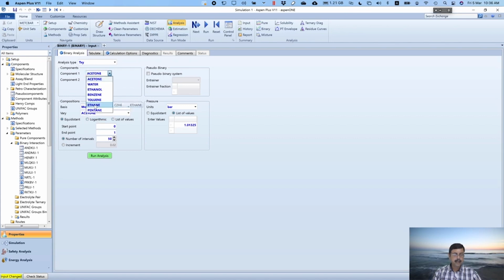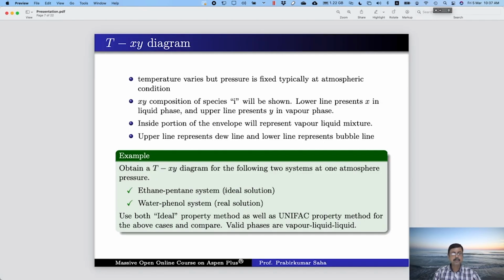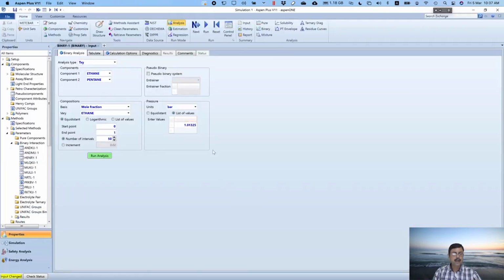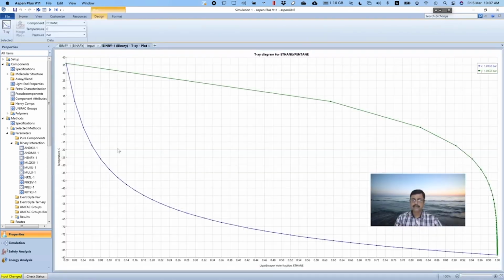And starting point of mole fraction of ethane is 0, end point is 1, number of intervals 50, and obviously it is 1 atmosphere, so 1 bar. And you can run the analysis. So this is the ideal case.